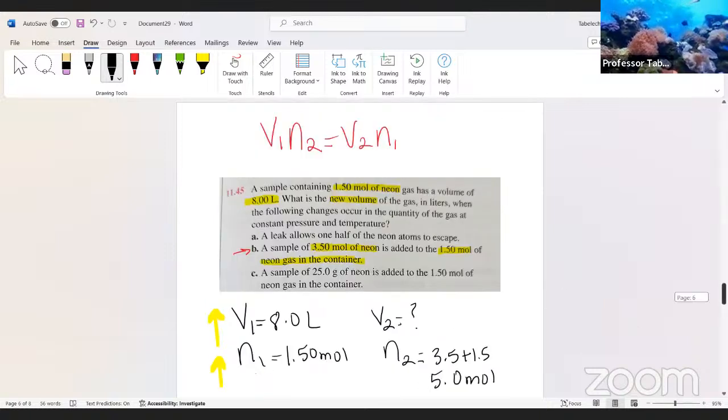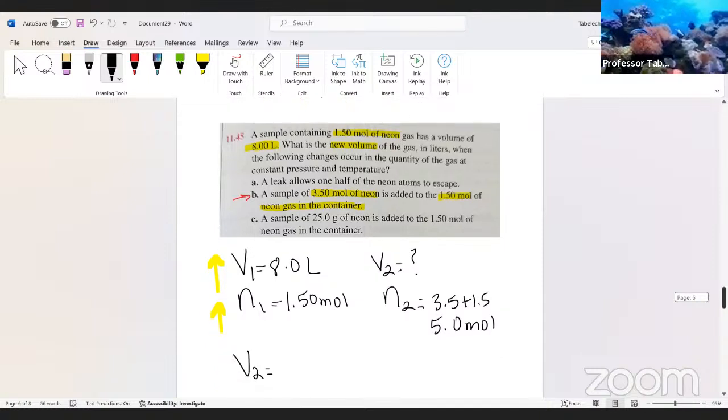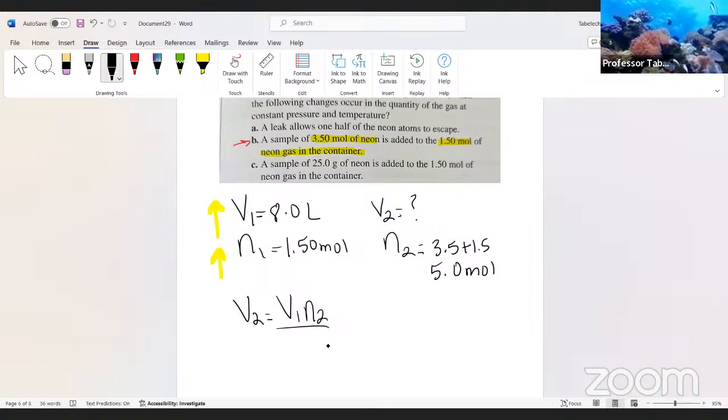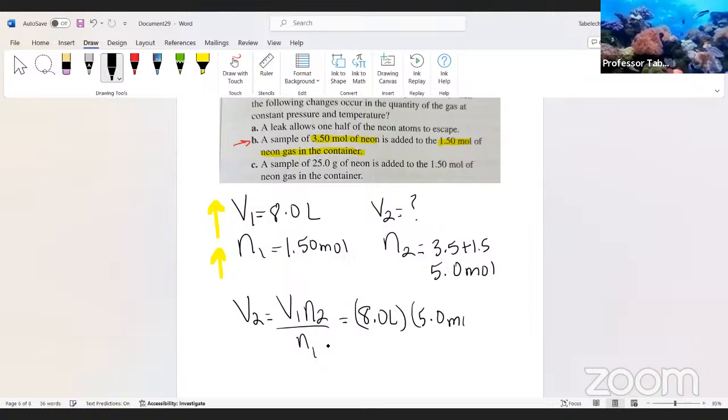And all you're going to do is say V1 times N2 divided by N1. Okay? So now you've got 8.0 liters times 5.0 moles divided by 1.50 moles. Cross out your moles because you don't need those anymore.